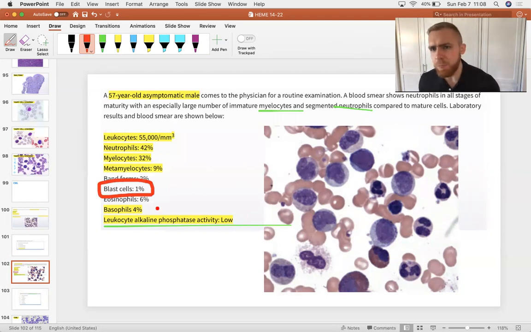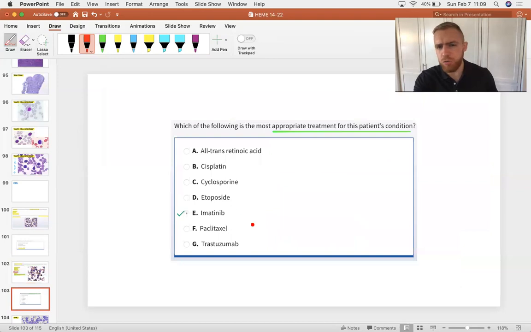And if that blast percentage is less than about 20 or 25, then it is a chronic myeloid leukemia. It is not acute. Acute myelogenous leukemia is defined by very, very elevated blast percentage in the blood or the bone marrow. So they ask you the treatment, and again, that's imatinib.